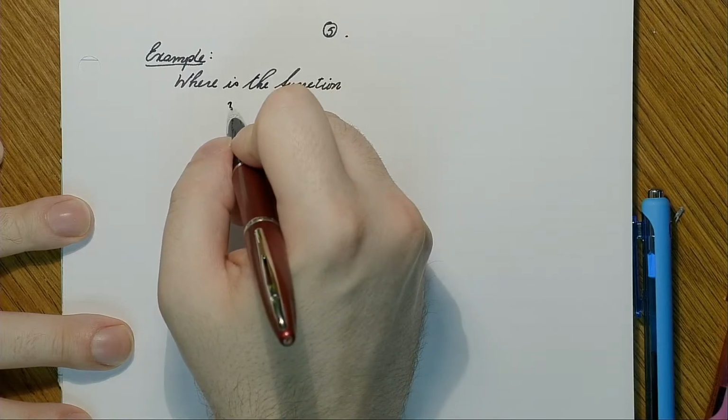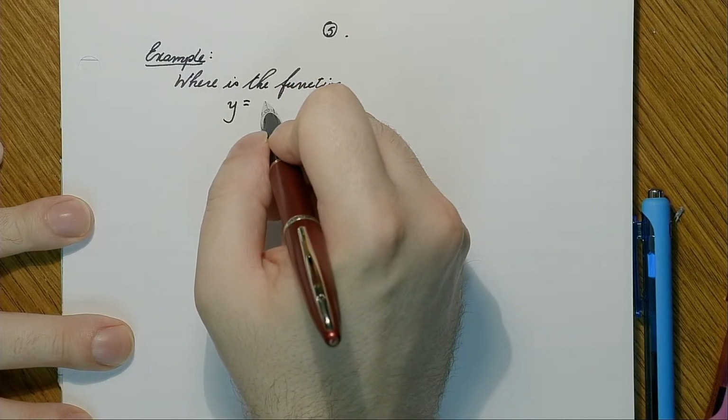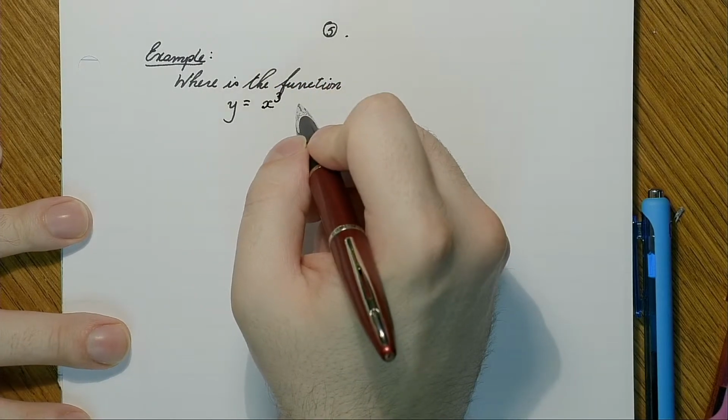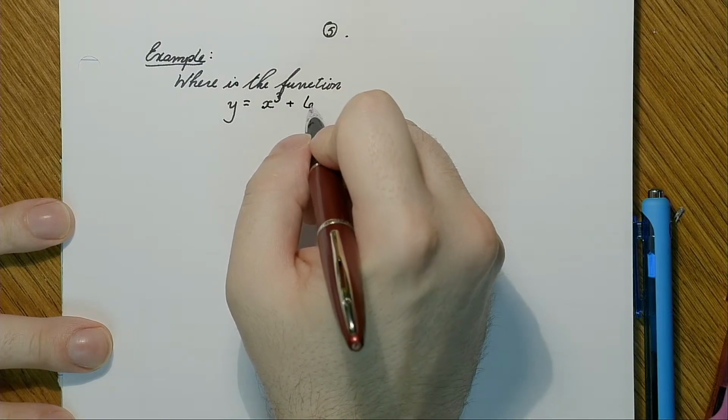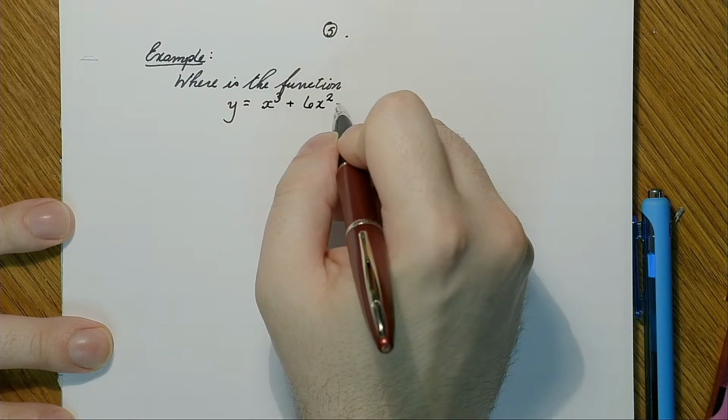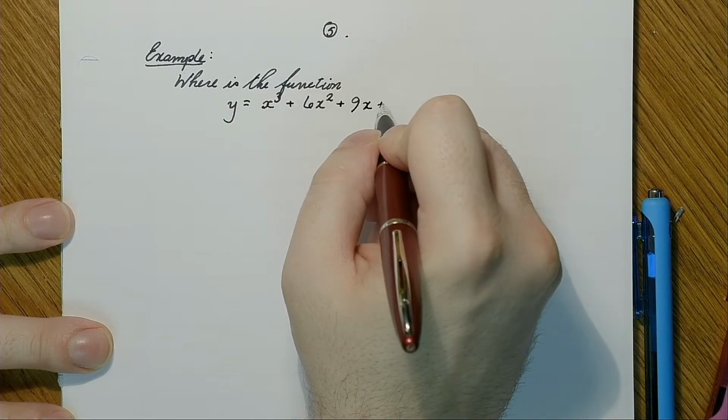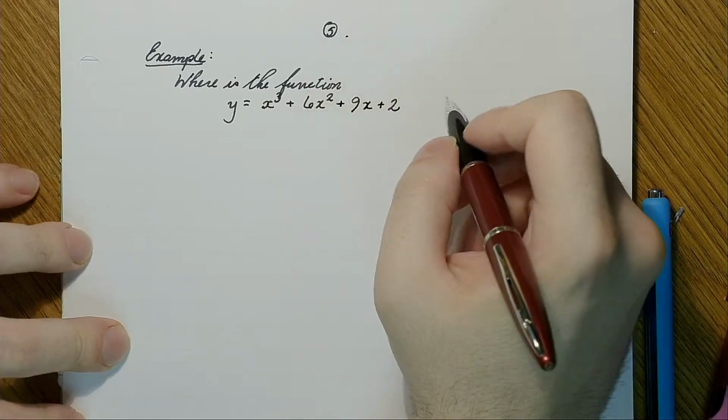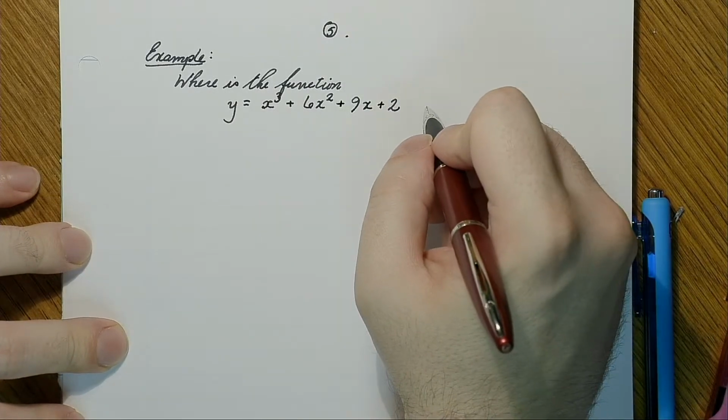We're given y equals x cubed plus 6x squared plus 9x plus 2. Where is the function increasing?